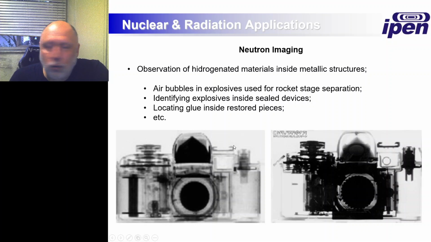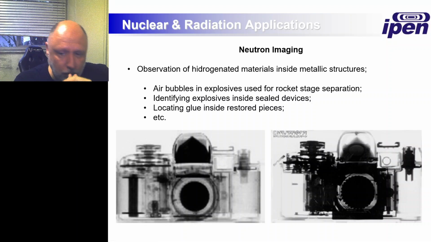So what do we use it for? Not for looking at cameras, this is just a demonstration image. But we used to do this service here, we have a facility like this here. We used to perform a service for the Brazilian Rocket Space Authority. Because when you want to separate stages in a rocket, you use explosives.